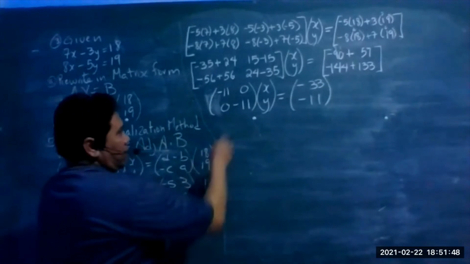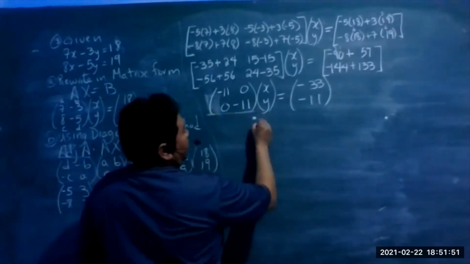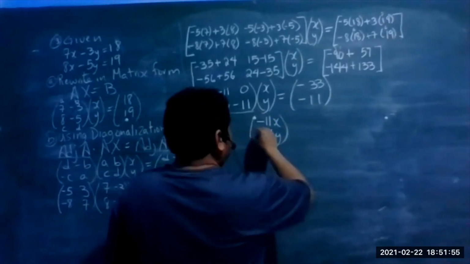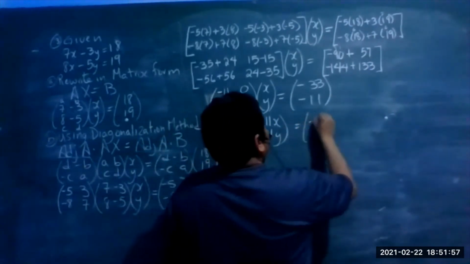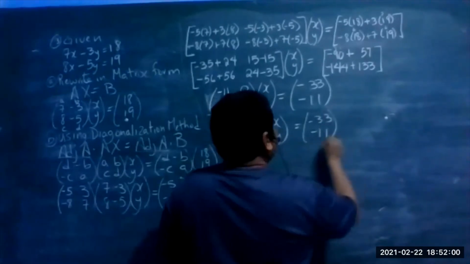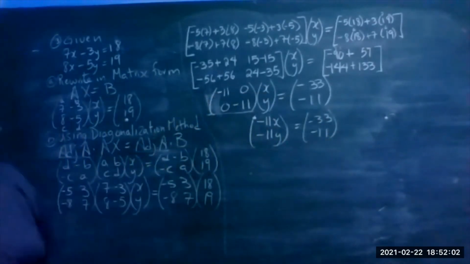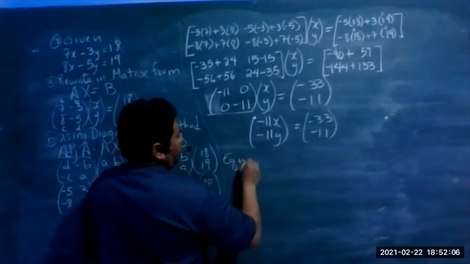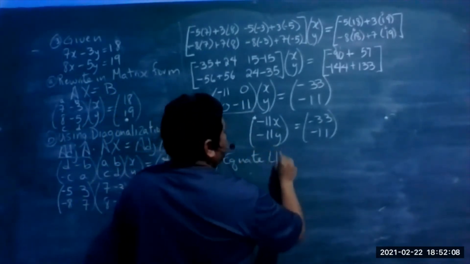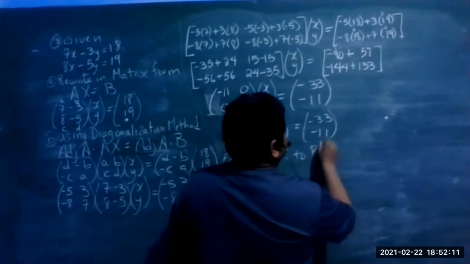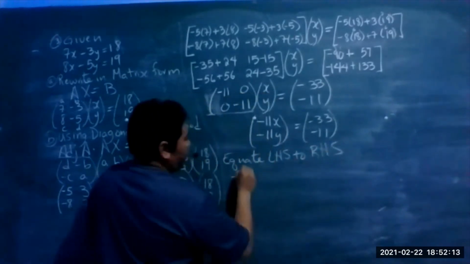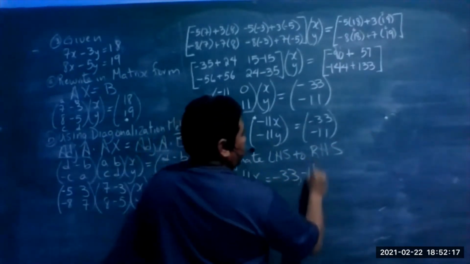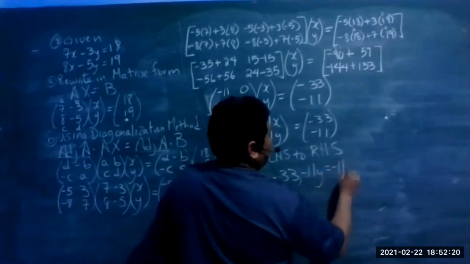So since it is a scalar, this will end up as negative 11x, negative 11y equals negative 33, negative 11, and hence we equate left-hand side to right-hand side. So we'll have negative 11x equals negative 33, and negative 11y equals negative 11.